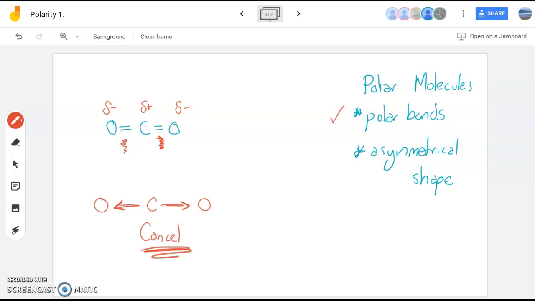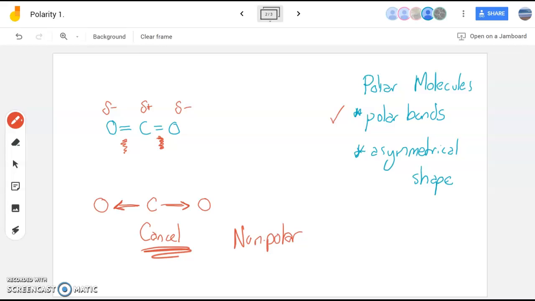And that means that it is a non-polar molecule, even though it has polar bonds. Overall, that molecule is non-polar because those polar bonds cancel each other out, a bit like a tug of war. And that shape is nice and linear. That is a symmetrical shape.